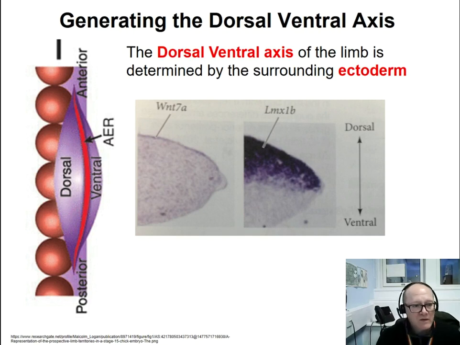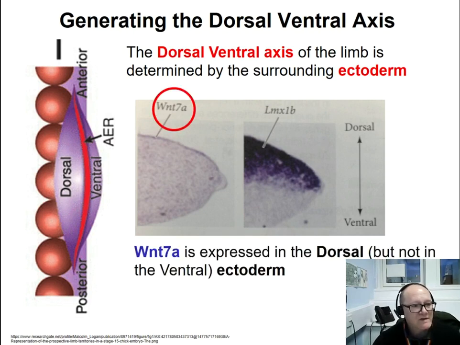Well, the dorsal ectoderm expresses Wnt7. So we know that the ectoderm expresses Wnt signaling. And in this case, the dorsal part of the ectoderm of the limb expresses Wnt7. Wnt7 is only expressed in the dorsal part of the limb, but not in the ventral part.